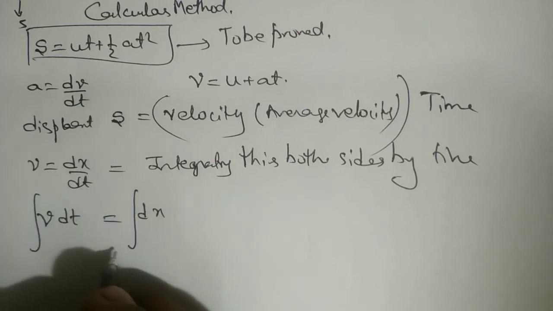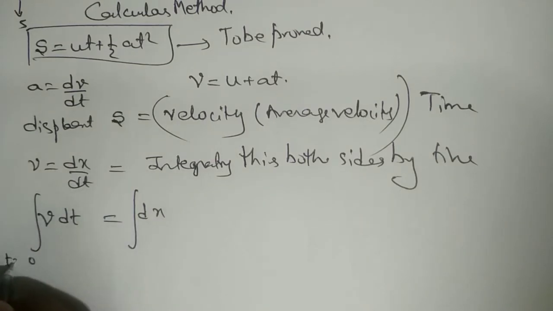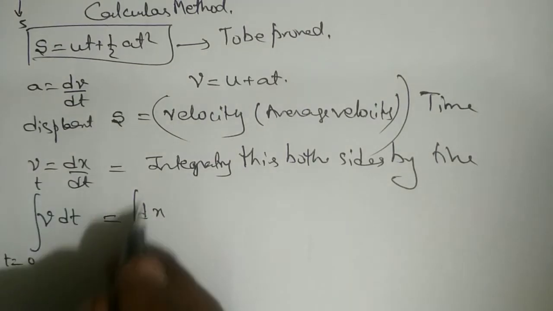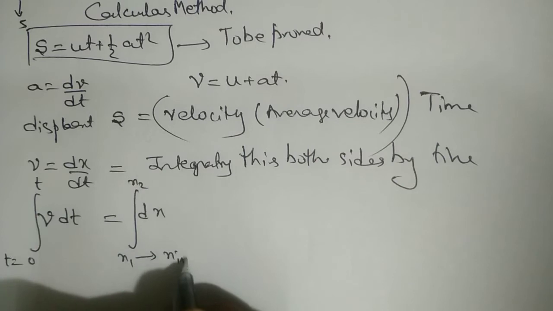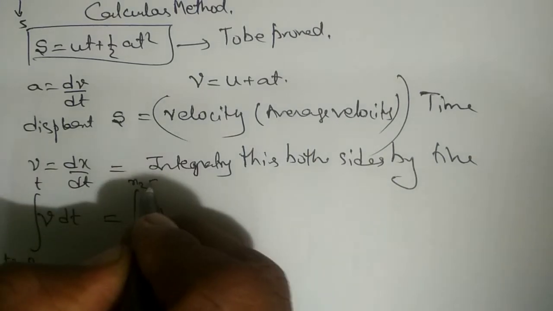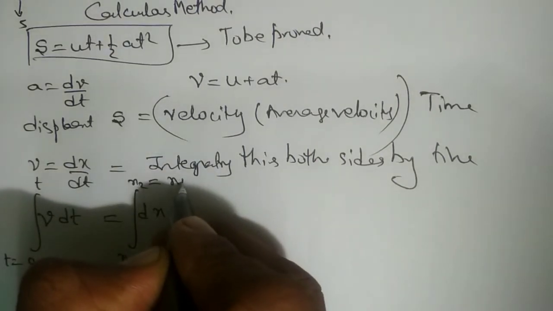What are our limits? For time, 0 to some time t, and for position, x1 to x2. This is x initial, this is x final.